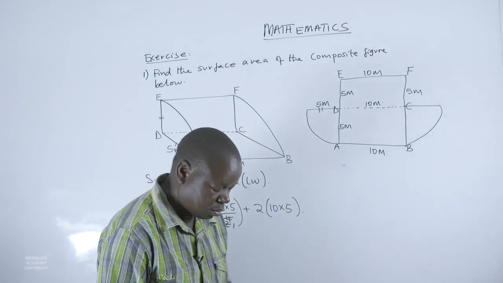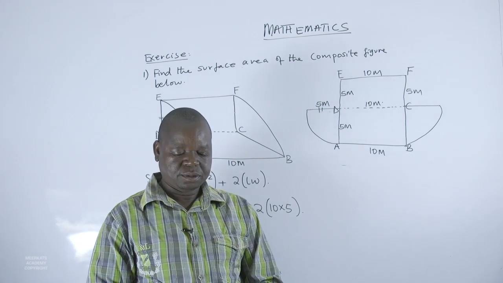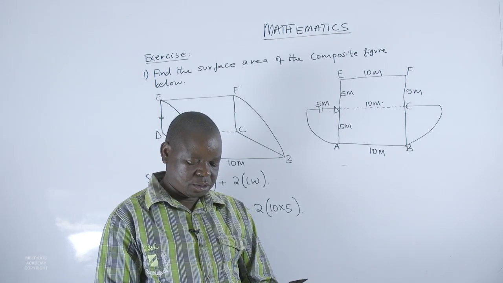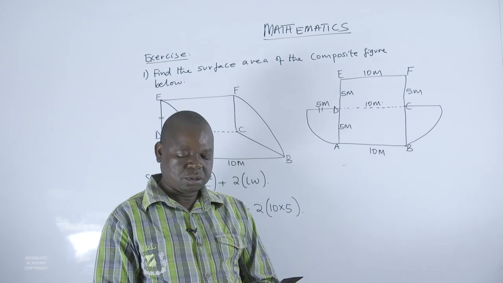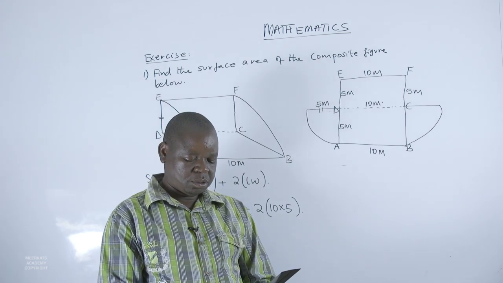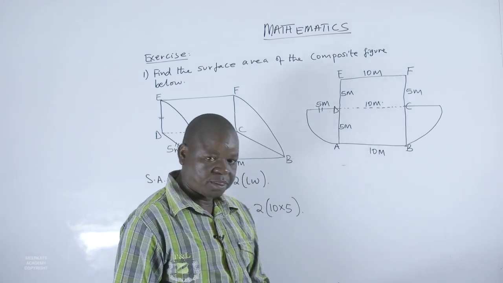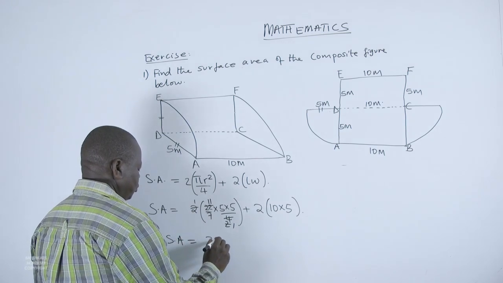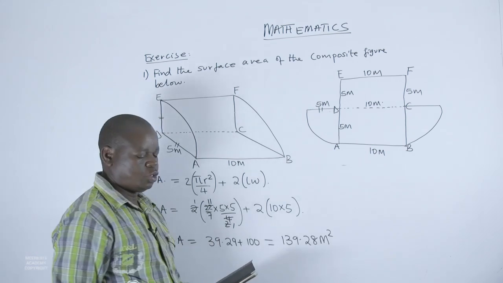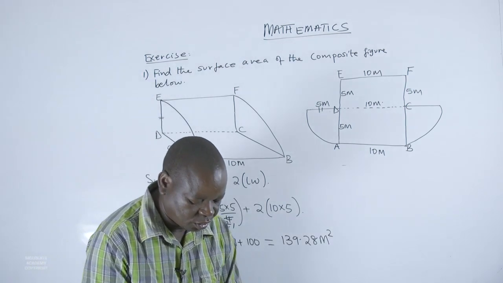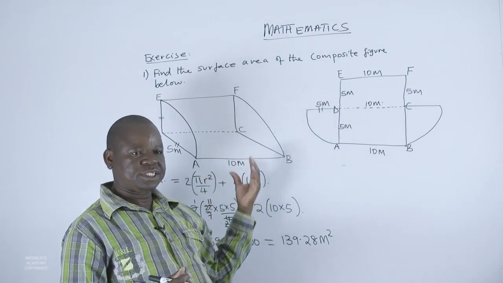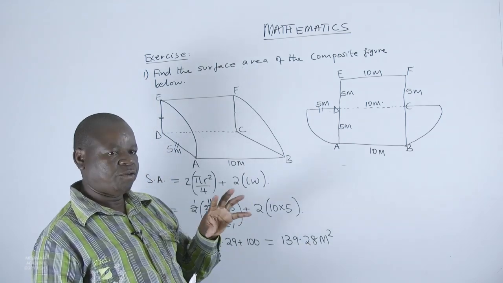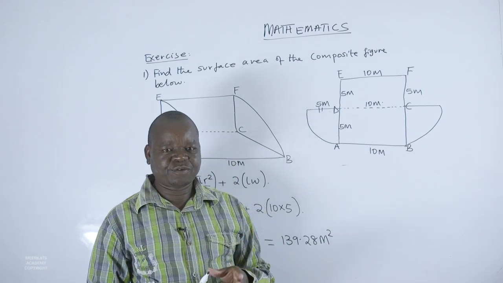From your calculator, you just get, so you obtain the total surface area of this particular object as 139.28 meters square.